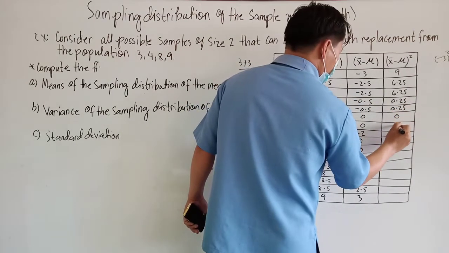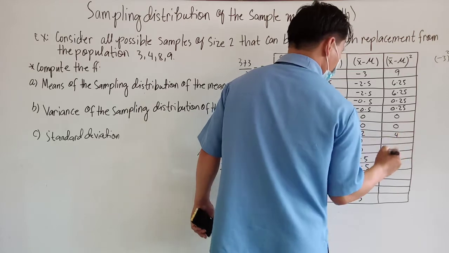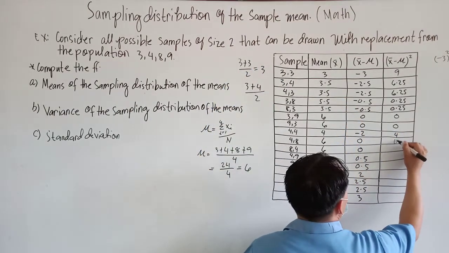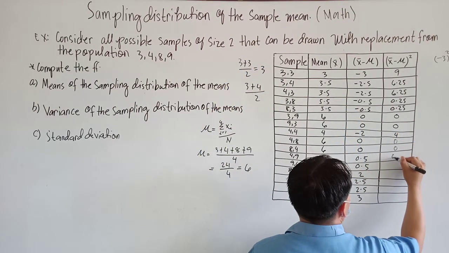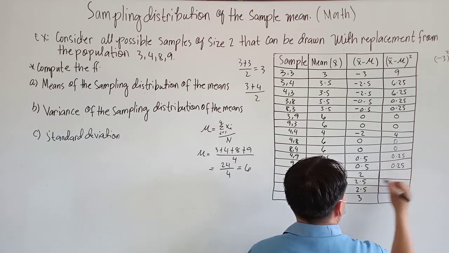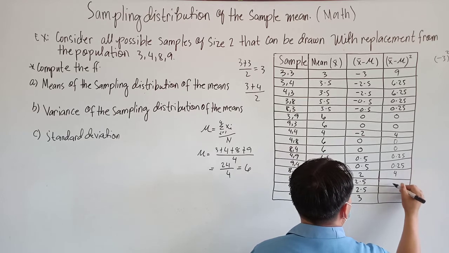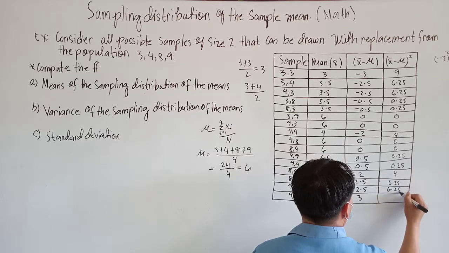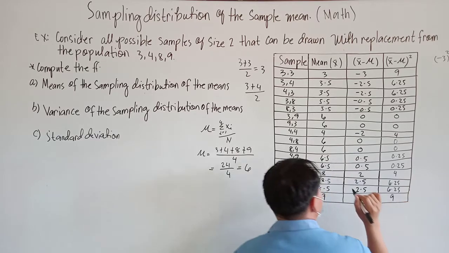We have 0, 0, 4. Next is 0, 0, 0.25, 0.25. This one is 4. Then 6.25, 6.25. Another one, and the last is 9.